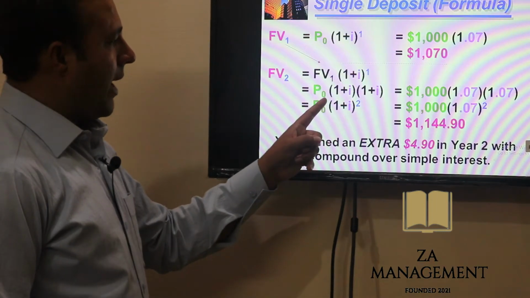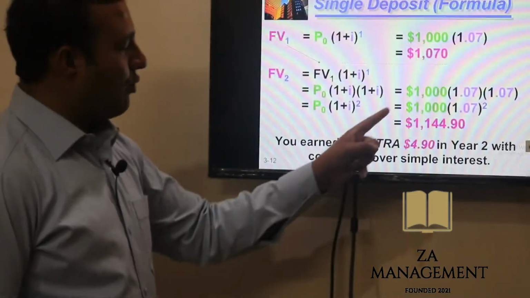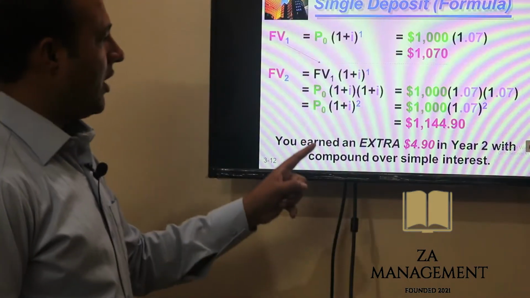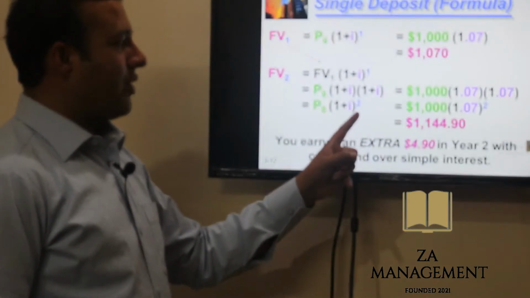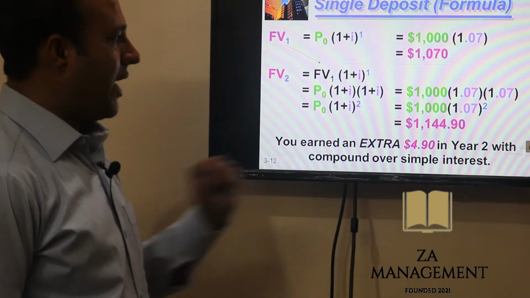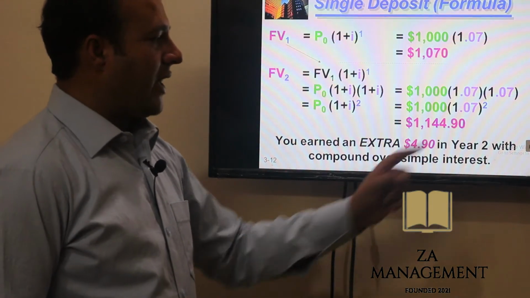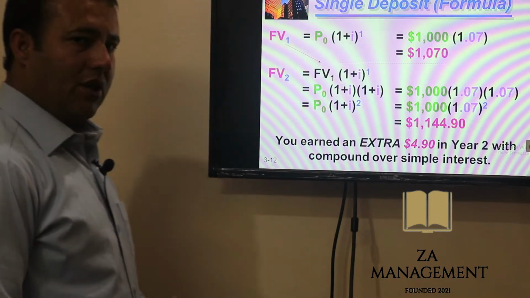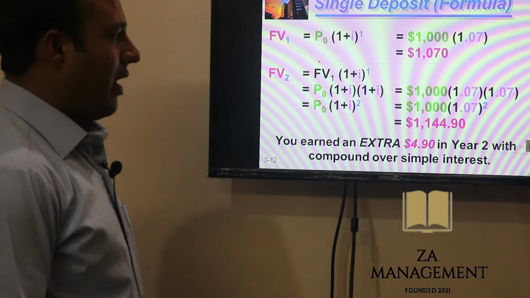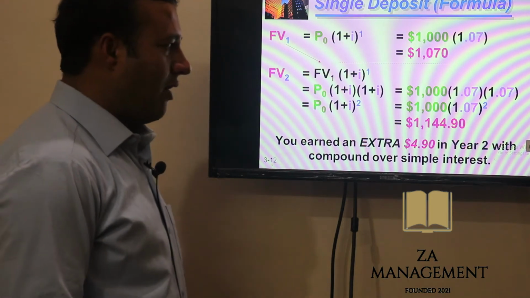This is the same as P naught into (1 plus I) into (1 plus I) for each year, or P naught into (1 plus I) whole to the power 2, where 2 represents 2 years from today. By putting in values, we get 1144.90. If you recall your previous slide, in the 2 year case, the future value was 1,140 US dollars.